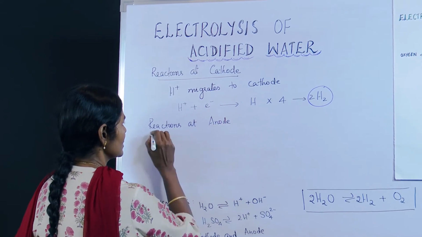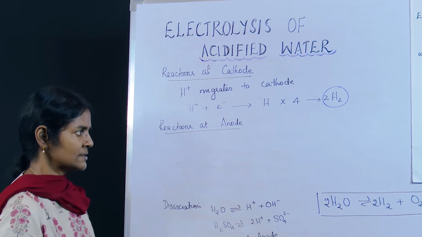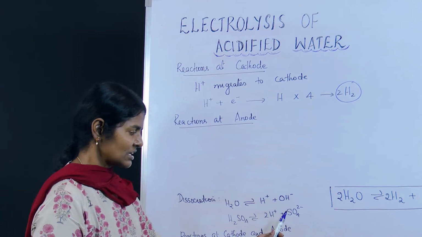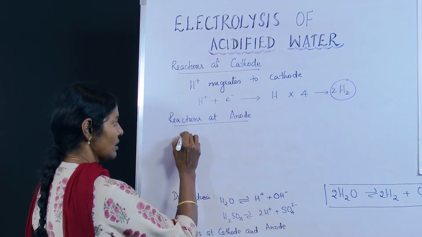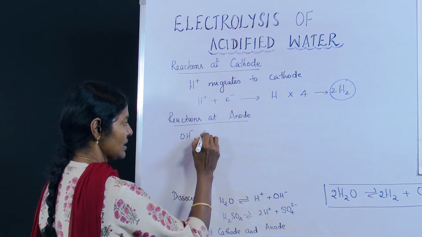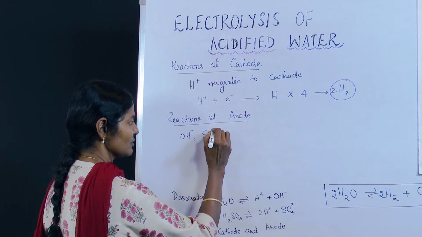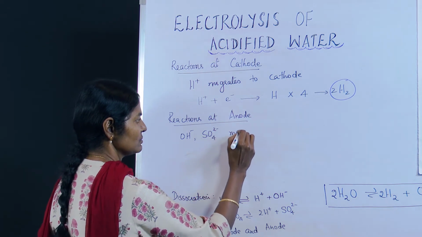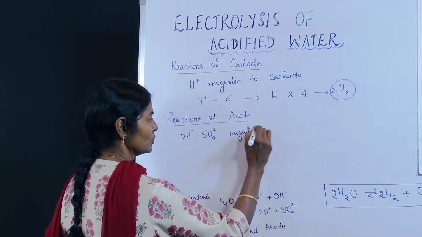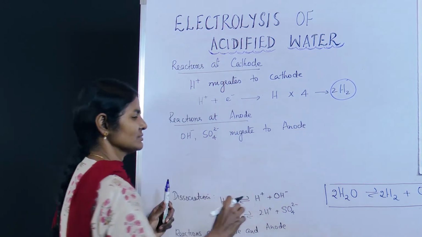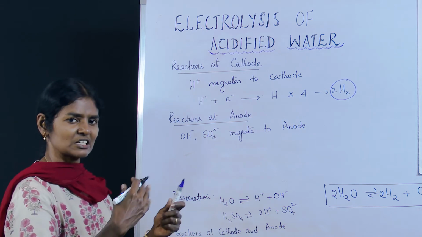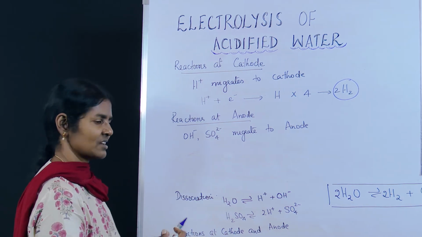Alright, when we come to this anode part, which are the ions? Negatively charged anions, there are 2 of them, hydroxyl ion and sulfate ion, both will migrate to anode. It is like a running race where all participants are running in the same direction.